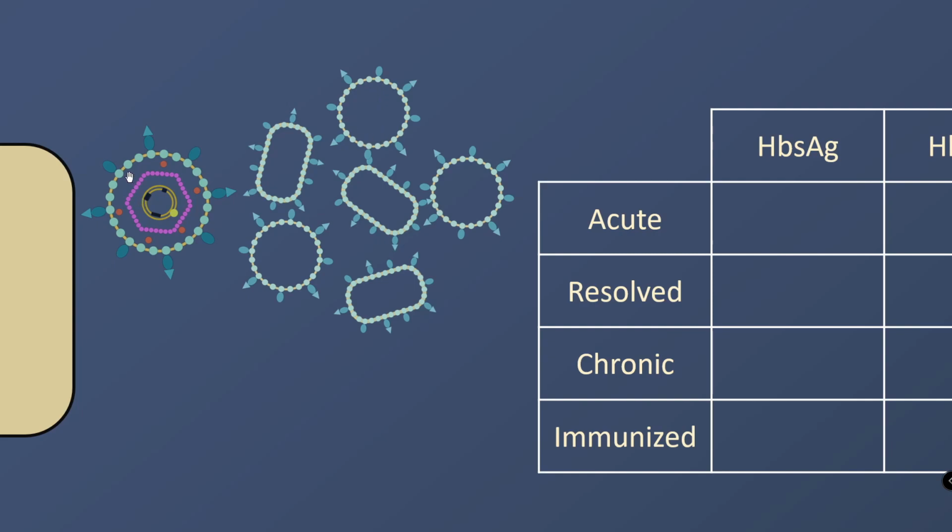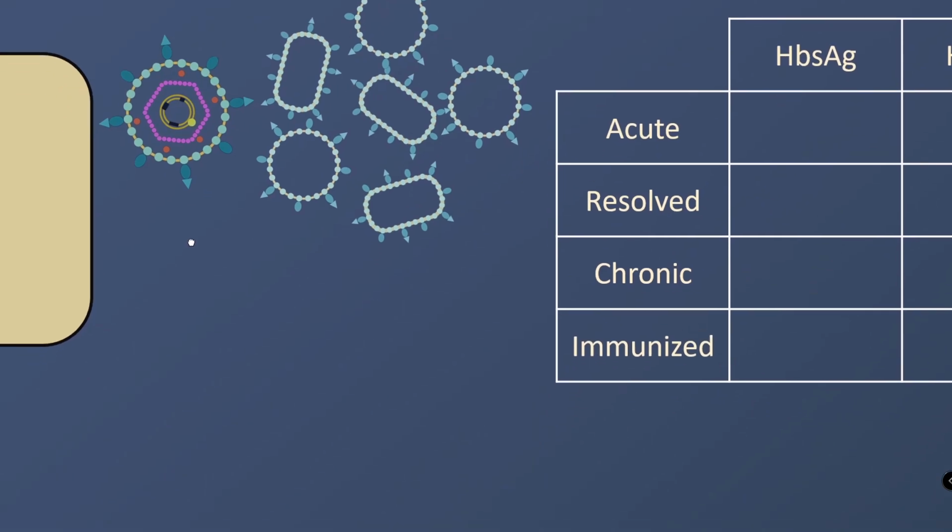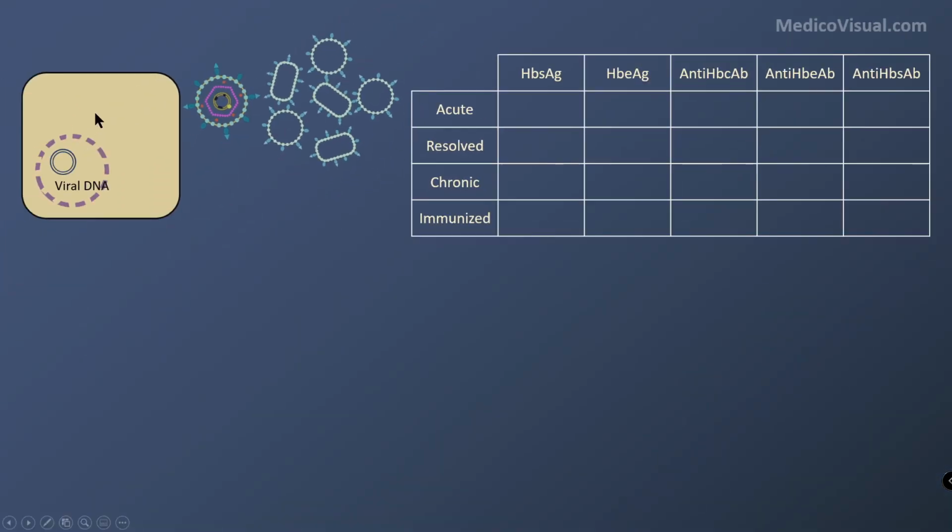But the actual virus not only consists of the surface antigen, but also has inside it the nucleocapsid core, and inside that is partially double-stranded DNA with DNA polymerase, right? So as this infected hepatocyte is producing these particles, there will be a rise in surface antigen.